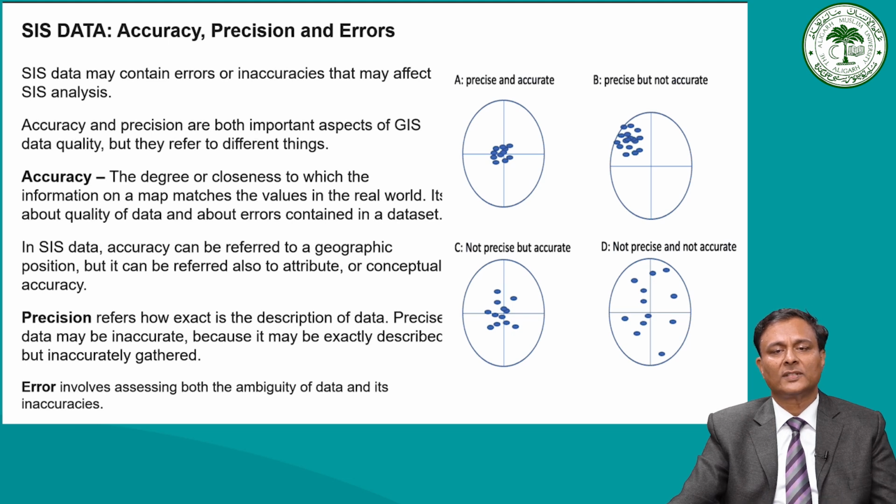Some common sources of error in spatial information science data include incomplete or outdated data sources, errors in data entry while importing the data into the information system, or conversion while we are converting the format.